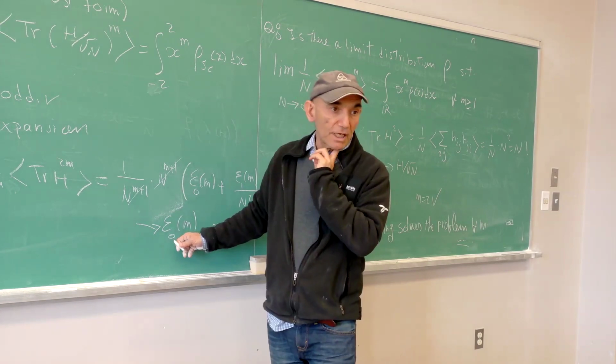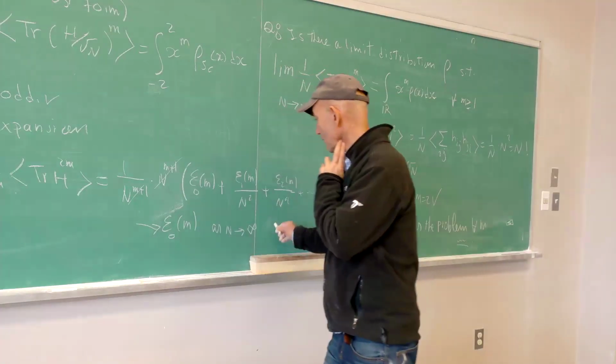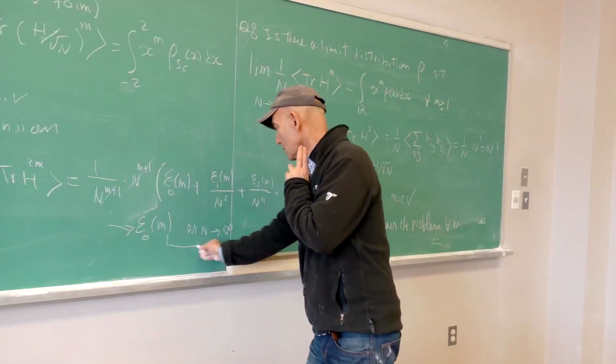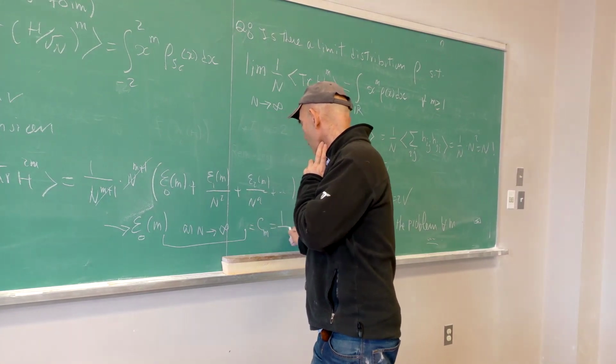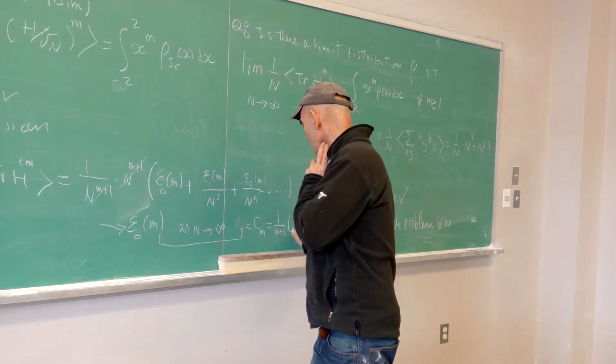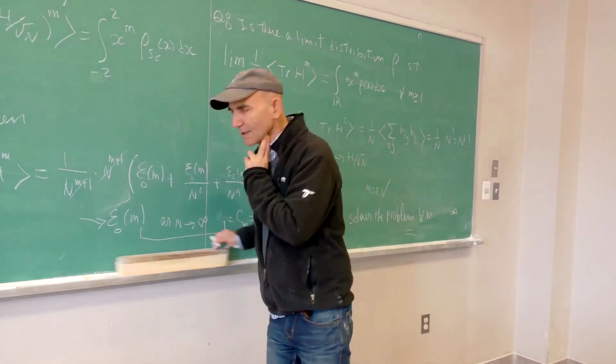And obviously we calculated that this is also equal to the Catalan number C_m, which is 1 over m plus 1 times 2m choose m, but it's also equal to the moment of the semicircle.